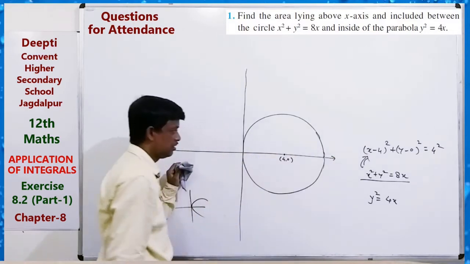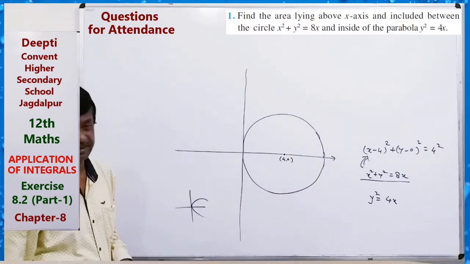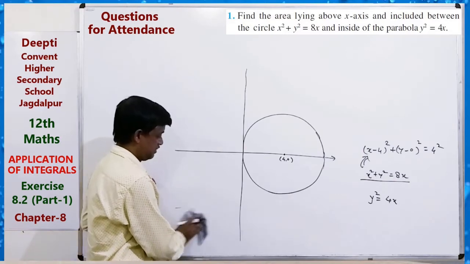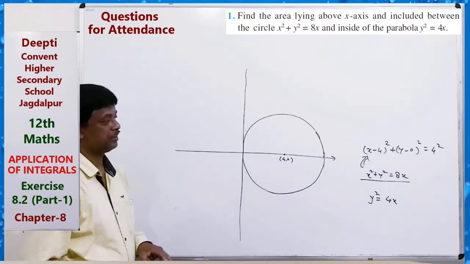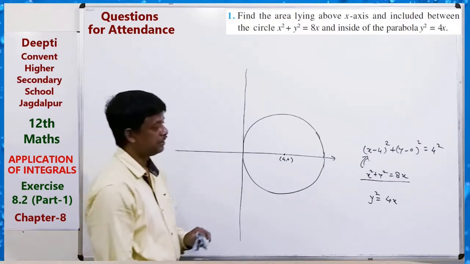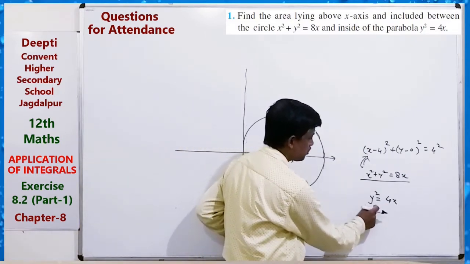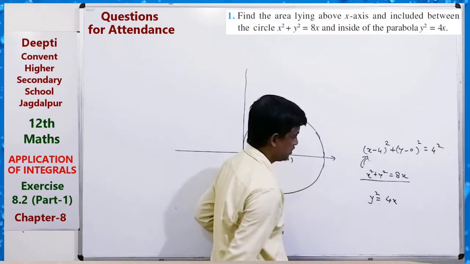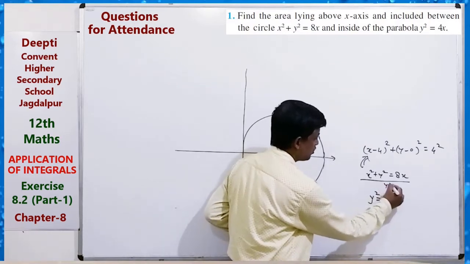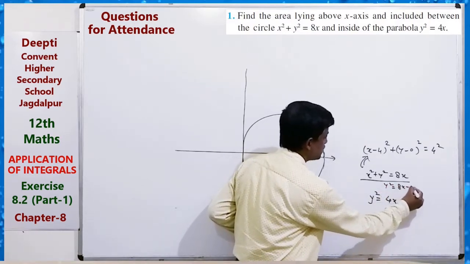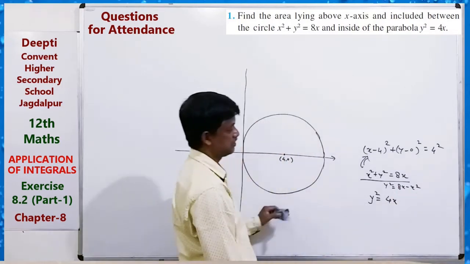How can you decide? Here y square equals 4x, and here y square equals 8x minus x square.